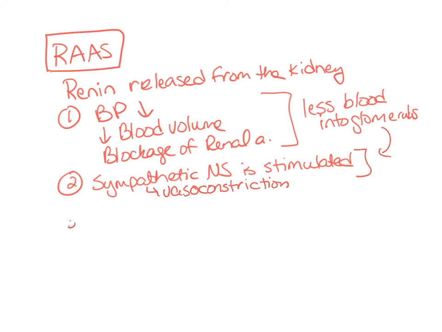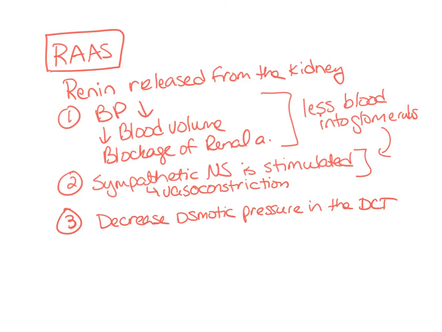And then lastly, renin would be released if there was a decrease in the osmotic pressure in the distal convoluted tubule. In this case, the macula densa cells detect that there's not as many solutes in the distal convoluted tubule.